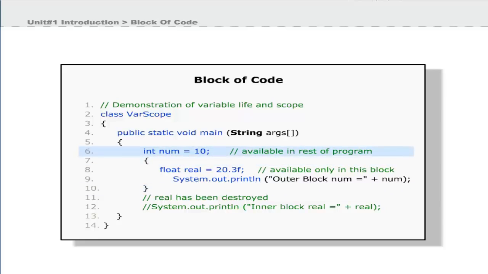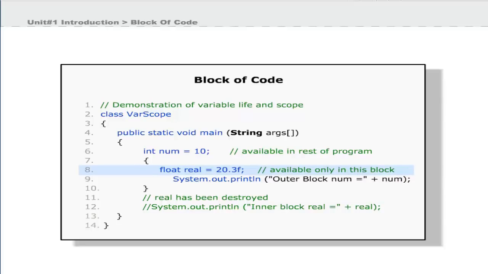At line 6, we have declared an integer variable. This is visible to all the code that is written after this line. The variable is not destroyed until main method completes its execution at line 13. At line 8, a float variable has been declared.